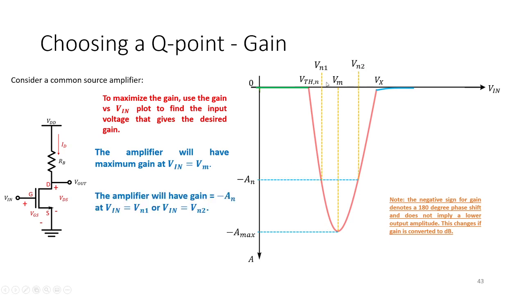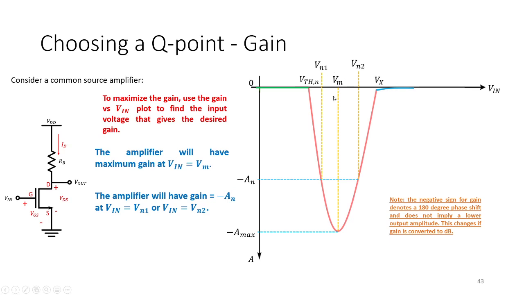If you bias it at Vin1 or Vin2, you will expect a certain gain Av. Remember that the negative sign denotes a 180-degree phase shift and does not imply a lower output amplitude. This changes if the gain is converted to dB, but for this case, this is not dB, this is just gain. So if you want to have max gain, you bias at VM.